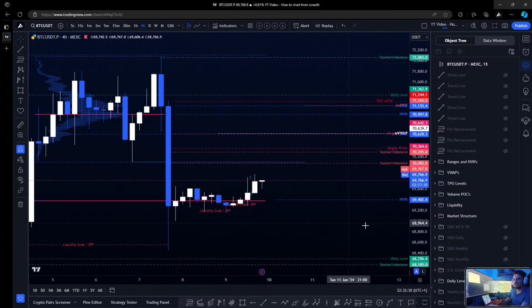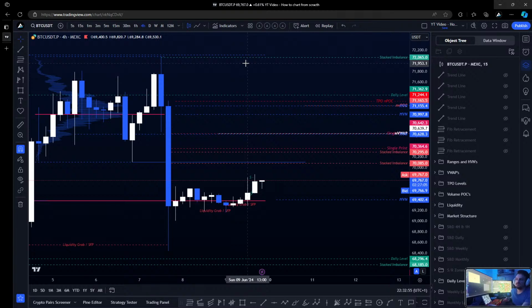Other than that, everything else that happens in the market is basically just noise, because it will go for one of these at one point in time. You just have to make sure that you are entering from the opposing ones. So if you're entering from liquidity on the top, you have to target liquidity on the bottom side, and so on and so forth.